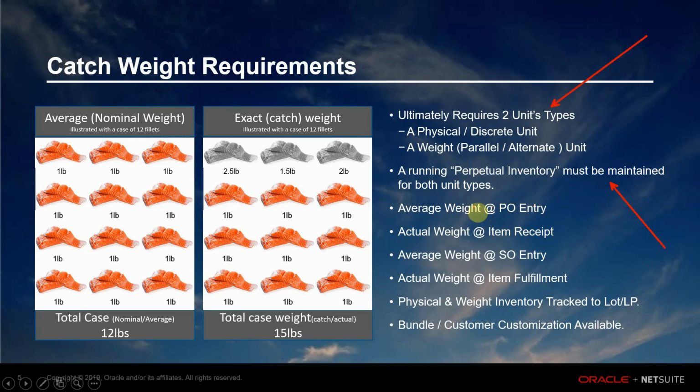The transactions occur at PO entry, so you may receive your items at a different catch weight at the item receipt. It's also going to happen at the sales order entry at item fulfillment, where your warehouse team is going to pick a case, weigh it, and make sure that it's updated and tracked when it comes to the physical and the weight that's inventoried.